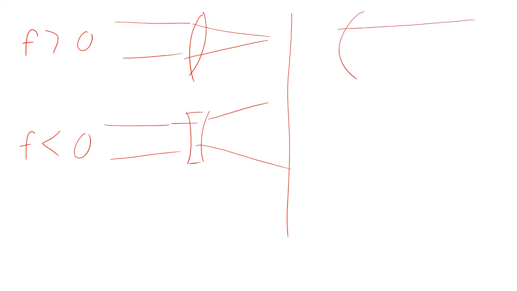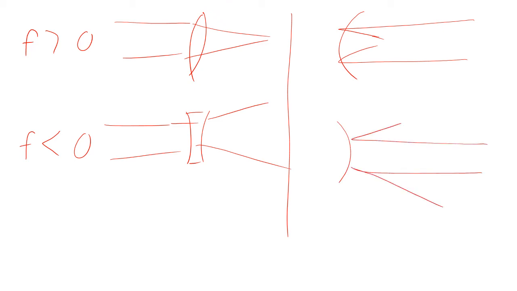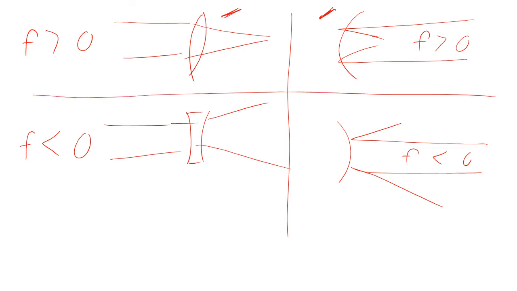For a mirror, a concave mirror is going to have a focal length that's positive, and a focal length that's negative is going to be a convex mirror. So a concave mirror and a convex lens are both positive focal length.